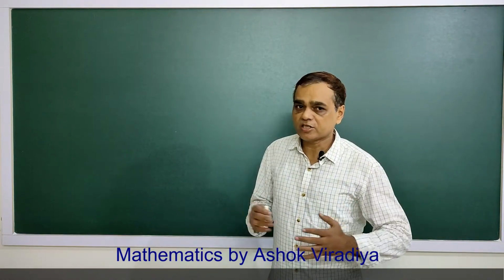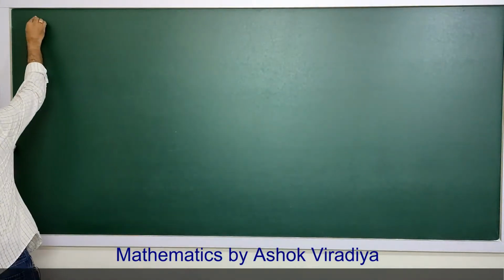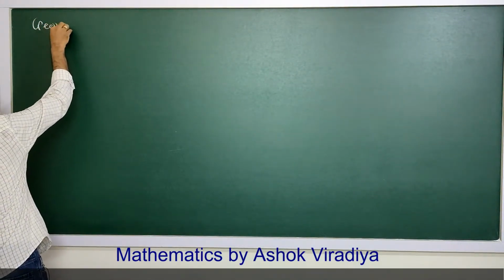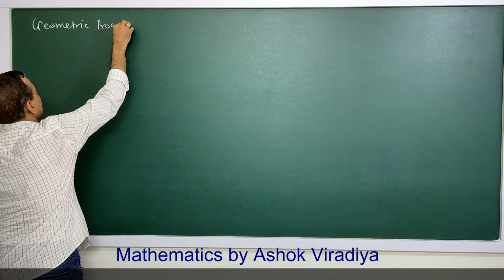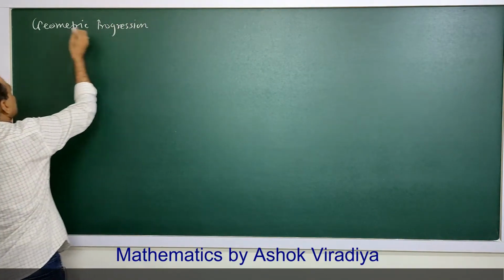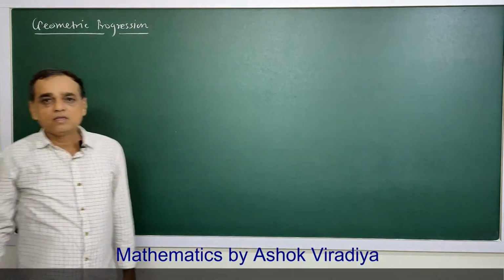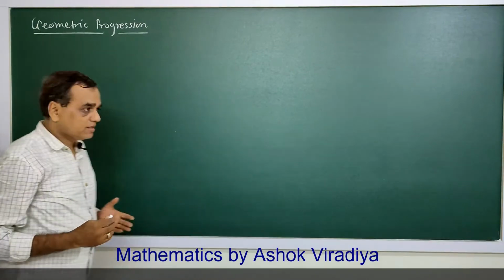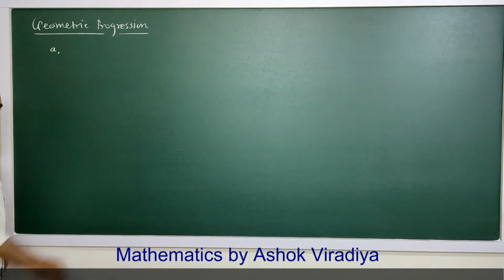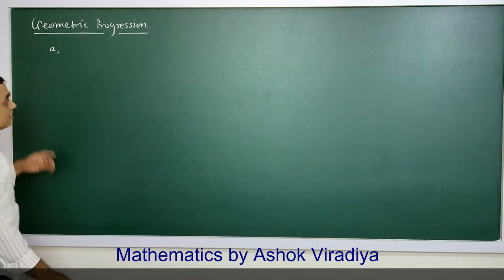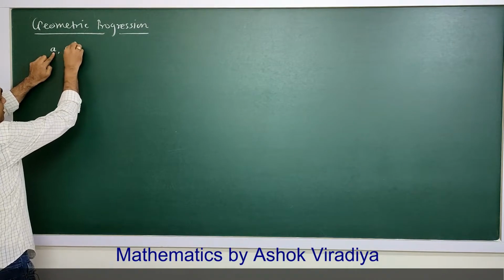Now explaining next topic, geometric progression. Say in geometric progression, if we take first number a is any real number, then each number is multiplied by r.